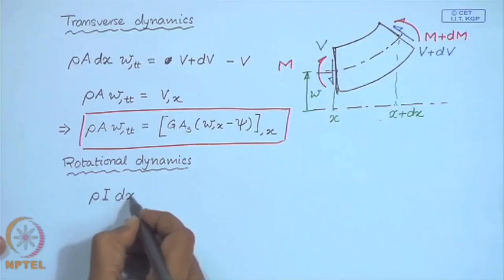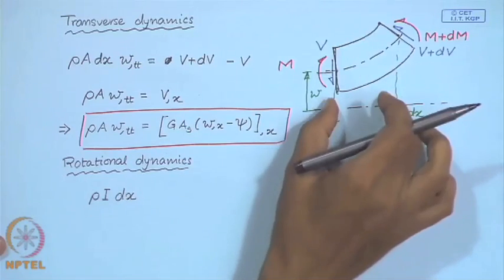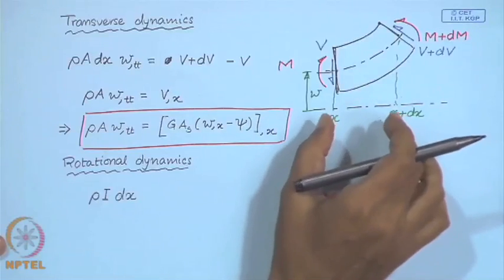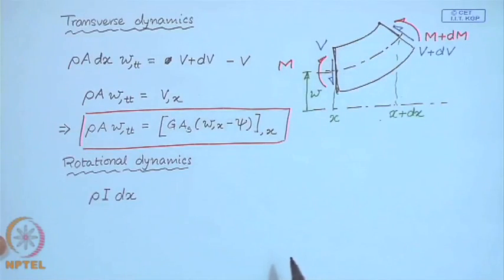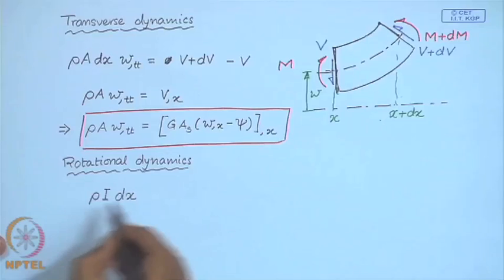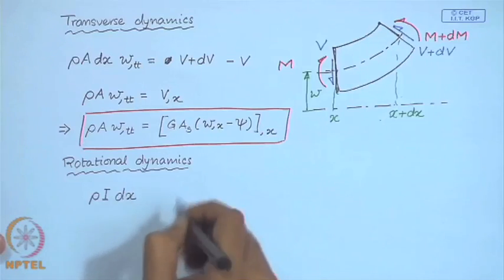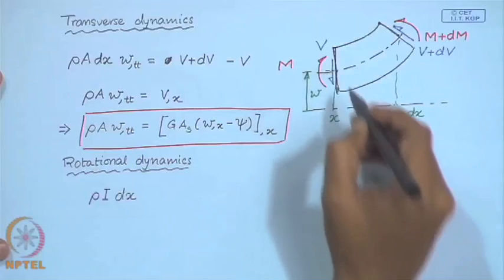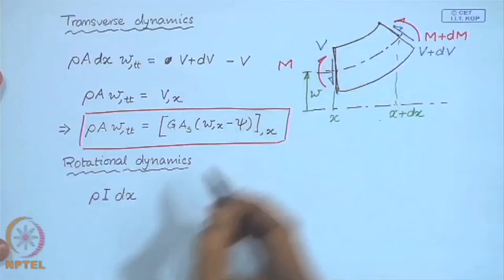So, this times the length of the element would give us the moment of inertia about the neutral axis, which is perpendicular to the plane of the paper. So, this times the angular acceleration. Now, the rotational angle is psi.